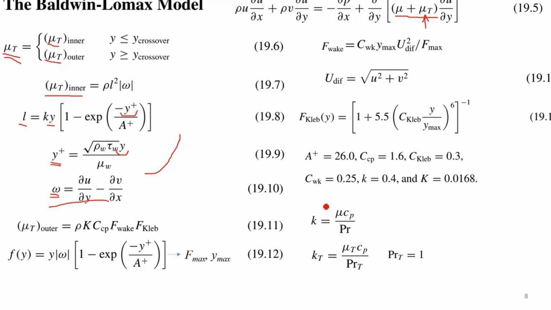K here is the conductivity coefficient, and KT is the turbulent conductivity coefficient, PRT is the turbulent Prandtl value. Here, of F of y, we have to find the maximum value, and only this maximum value do we use in the definition of turbulent viscosity on the outer layer.